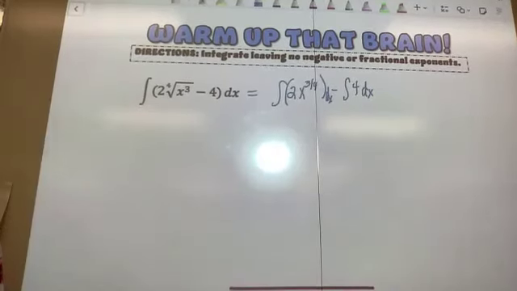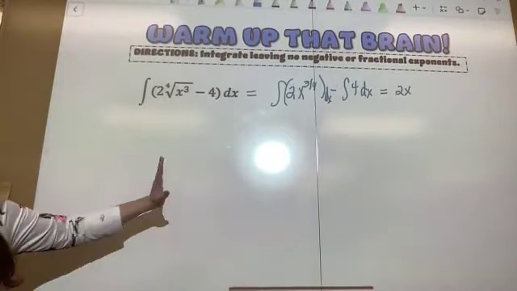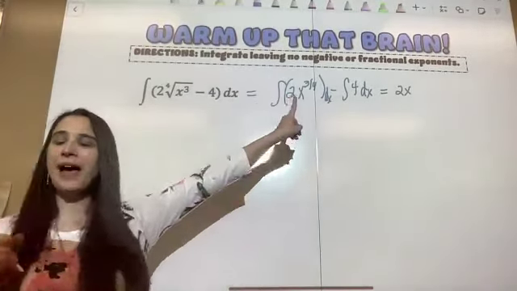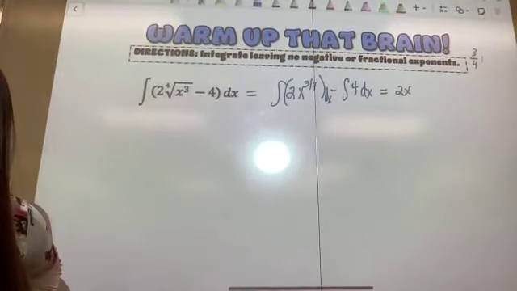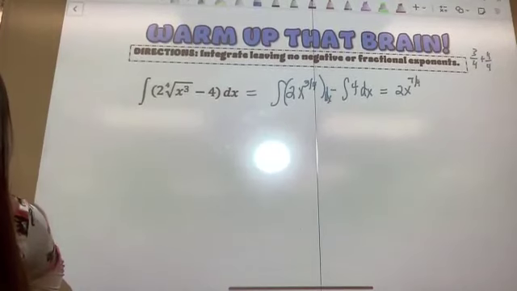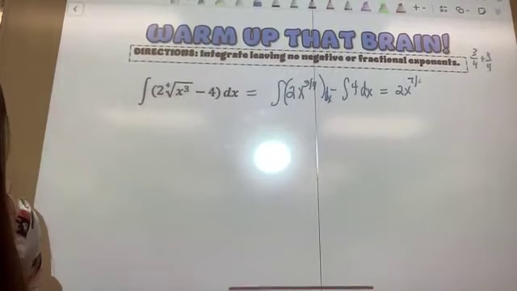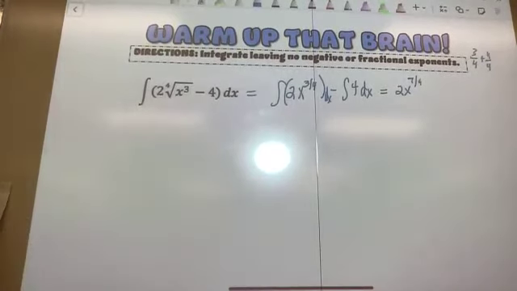So this becomes 2x to the, you add 1 to the power, which is, what's 3/4 plus 1? It's going to be 7/4. Now, here's something I want to make sure you understand, because this is going to be important today so that we have to write less work.